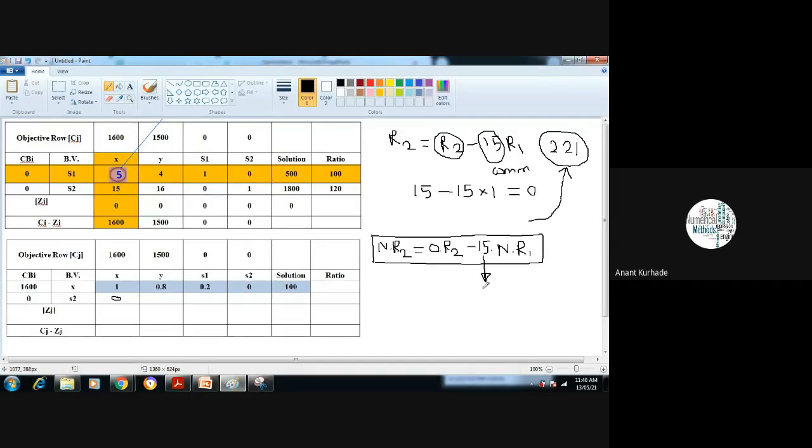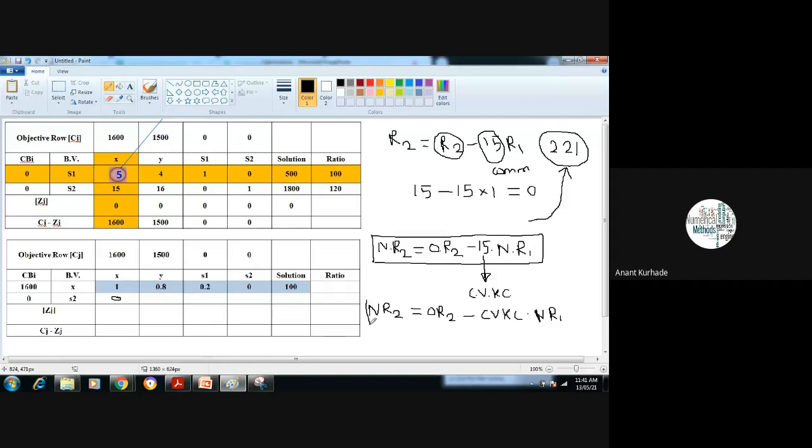So you can write here corresponding value for key column, CVKC. Then you can write this formula: NR2, that is the new value of row number 2, is equal to the old value of row number 2 minus the corresponding value for key column into the new value of row number 1.